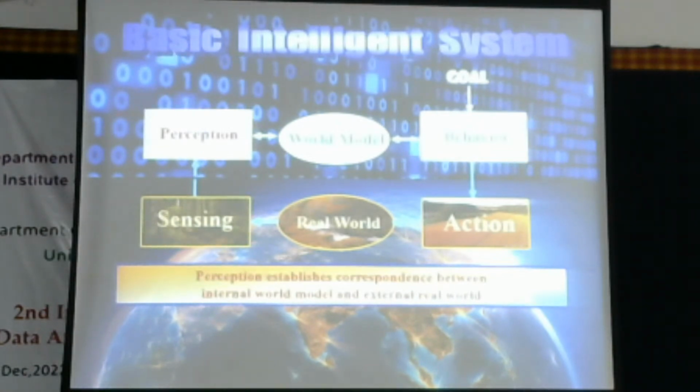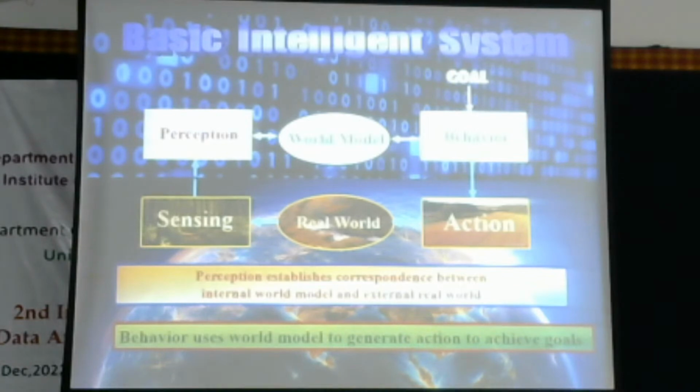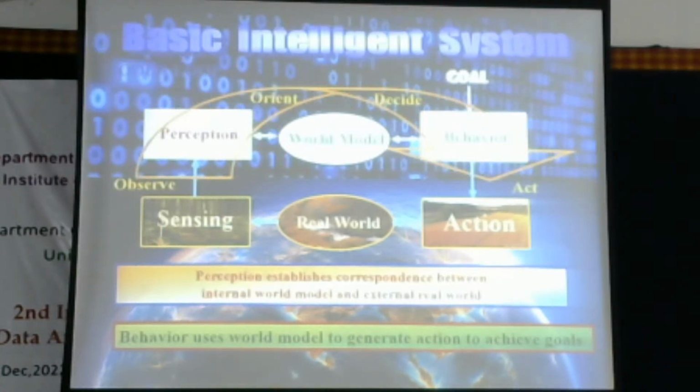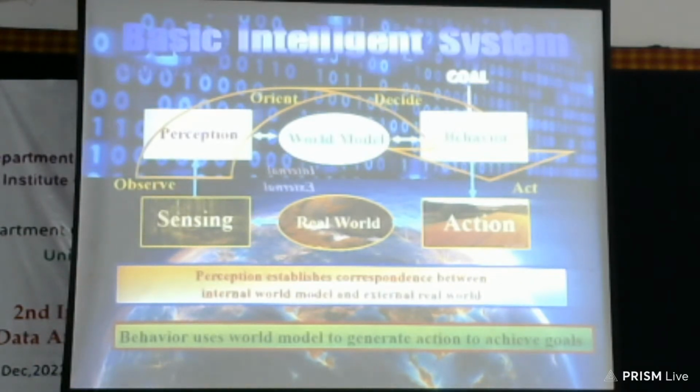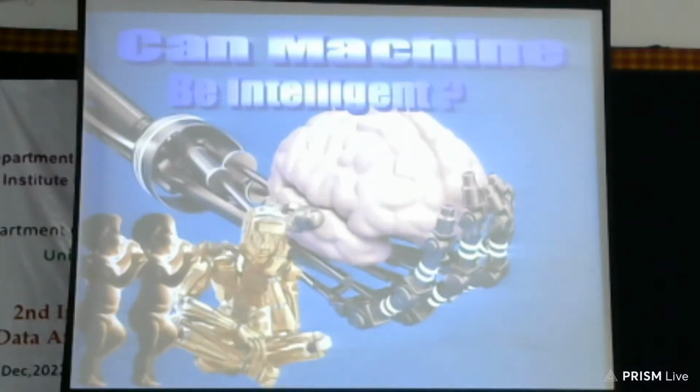So perception establishes correspondence between the internal world model and the external real world. Behavior uses the world model to generate action to achieve the goal. So here you have what is observed and finally the action on the data. So one is external and another is internal to the computer.